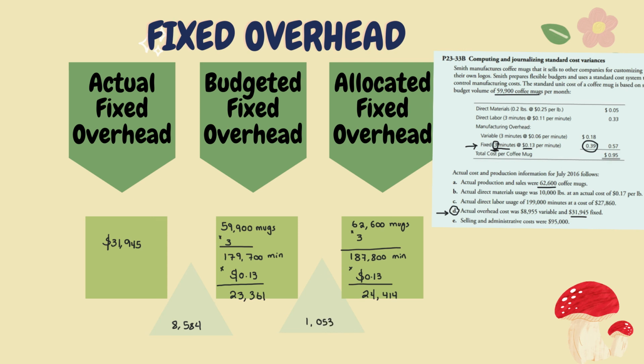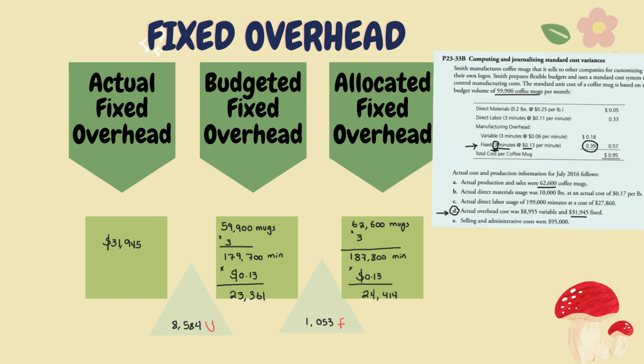Now, is it favorable or unfavorable variances? For the first one, I expected to pay 23, I paid 31, I paid more, so it's gonna be unfavorable. For the second one, I expected to pay 24, I paid 23, I paid less, so it's gonna be favorable variance.